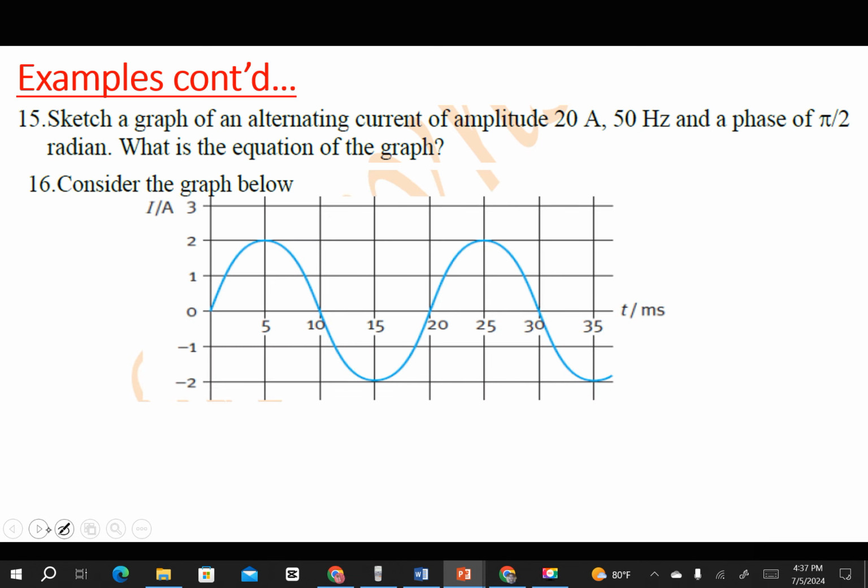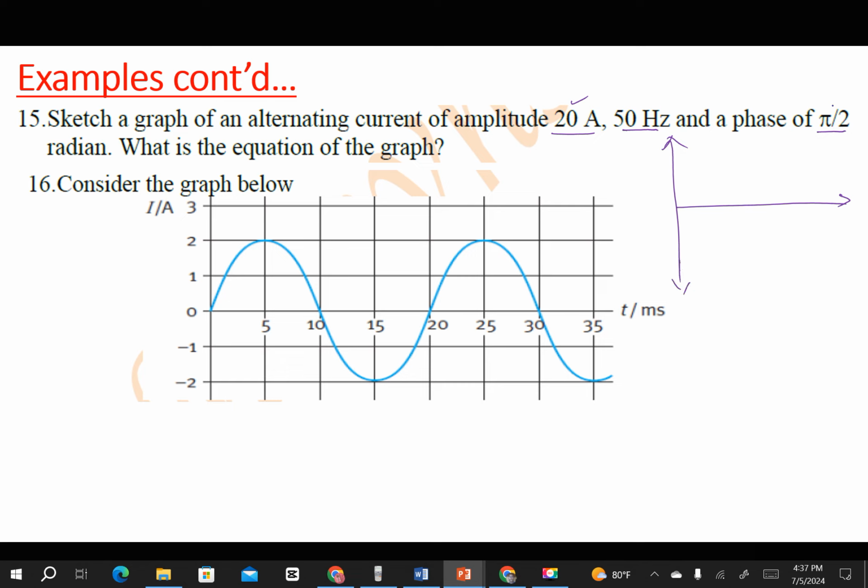Sketch a graph of an alternating current of amplitude 20 amperes, 50 hertz, and a phase of pi over 2 radians. What's the equation of the graph? Of course, this is amplitude. Because it's alternating current, I'll just sketch one cycle.